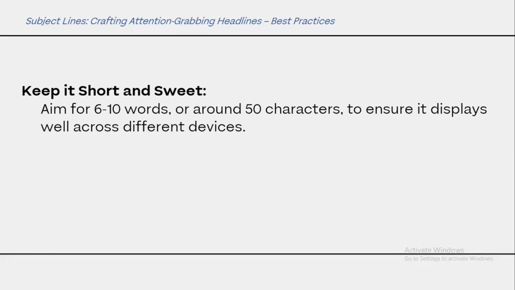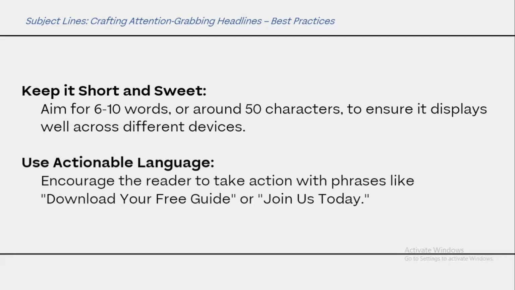You don't want it to cut out or make it difficult for people to read. And again, to make it attention-grabbing, you have to make it short because you want a subject line that your audience can just look at and have a feel of what you're talking about instead of having to read across.